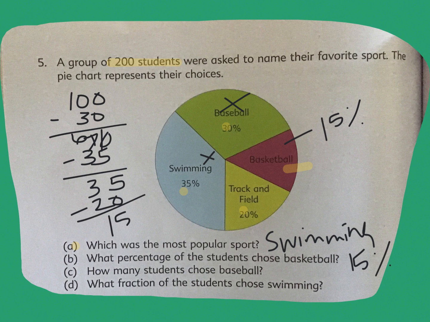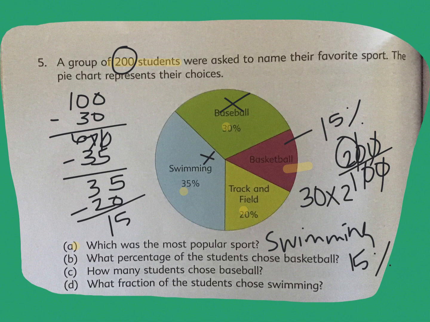Now we need to remember back to the unit or the percent. Are we going to multiply with units or percent? So we have 200 students. When we put it 200 over 100, when we cross off the zeros, we get 2. So I'm going to multiply 30 times 2, which equals 60.